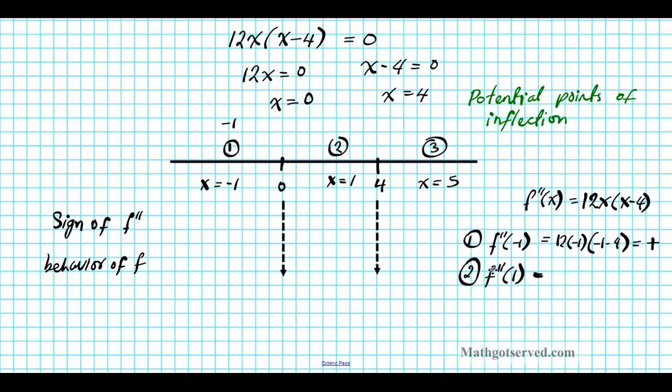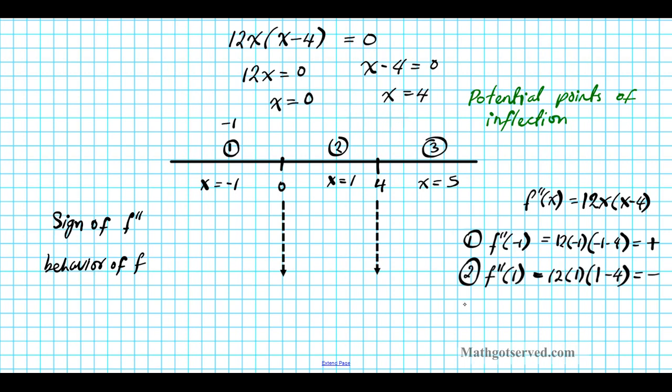Interval 2, f double prime of 1. We have 12 times 1 times 1 minus 4. 12 times 1 is positive, and this is negative. So our sign is going to be negative. Positive times negative is negative.